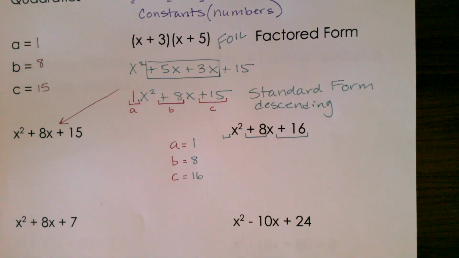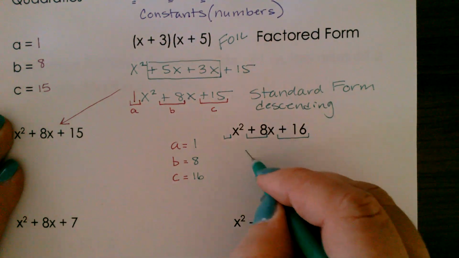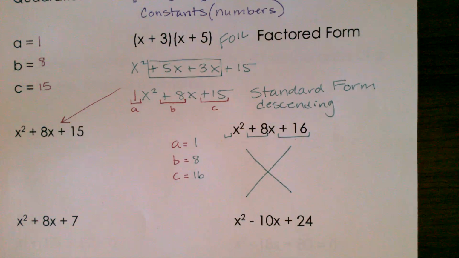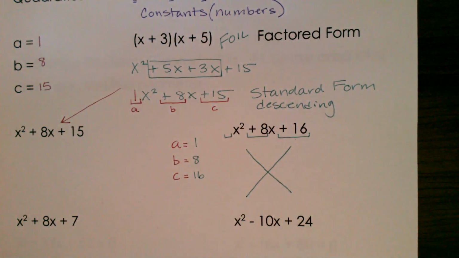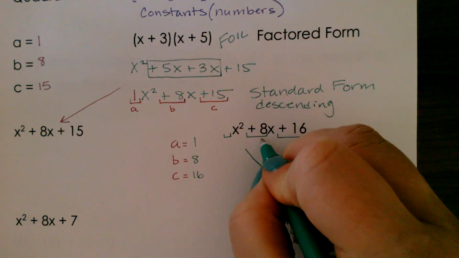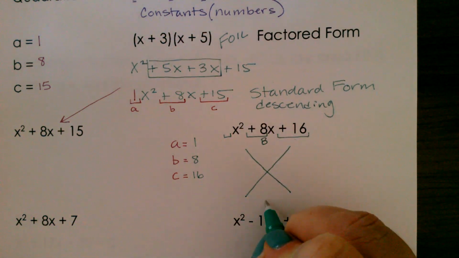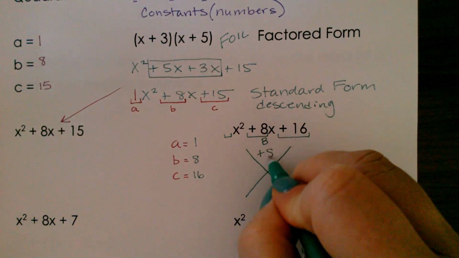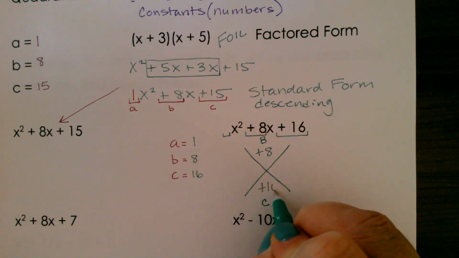There's multiple ways of working with this one, but draw an X. Don't make it itty bitty. Make it so that we can write in it. On this X, we will put the B term here and the C term here. So I have plus 8 plus 16.